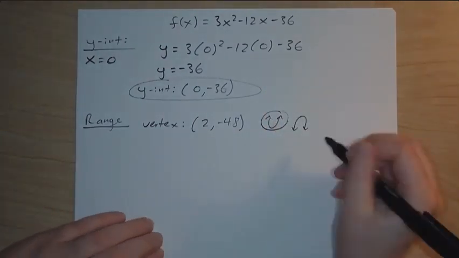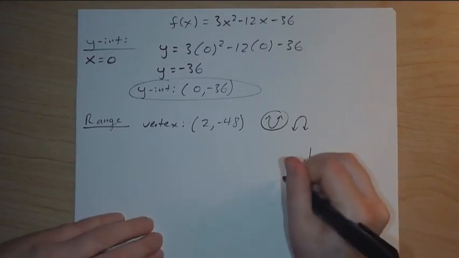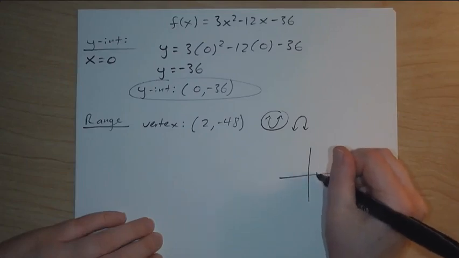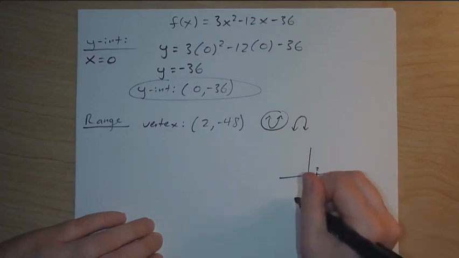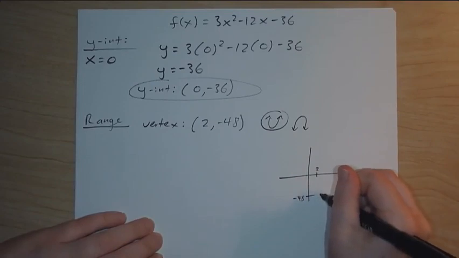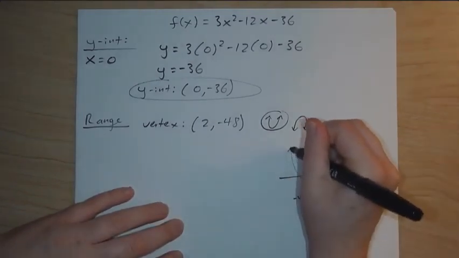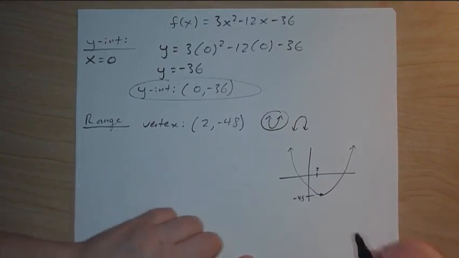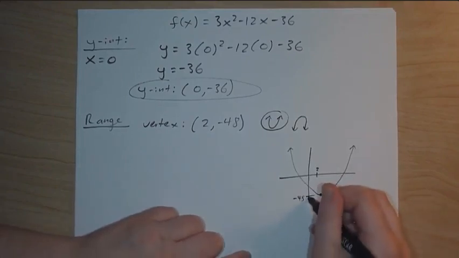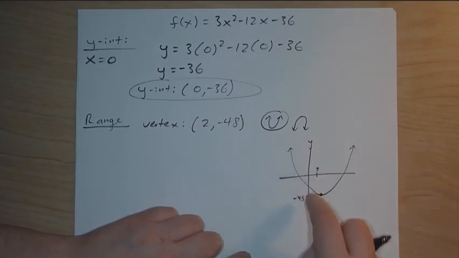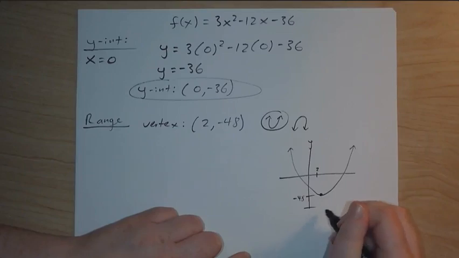And so we can graph out to get a quick idea of what this graph would look like. We have our vertex here, 2, somewhere down here is negative 48. So our vertex is up here, and we open upwards like that. So if we went from bottom to top for the y-axis to look at all of our possible y values, we notice that down here we don't ever touch the graph.